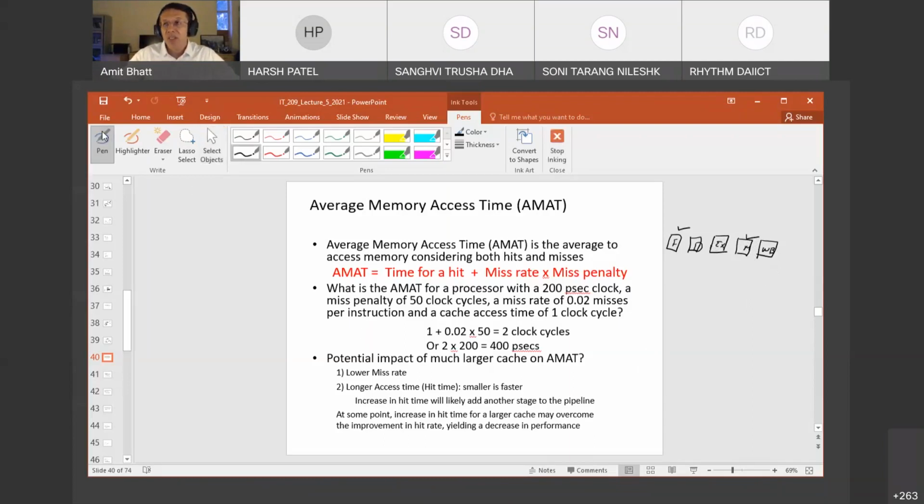So the question is, how do you find out average memory access time? This is a very simple formula.